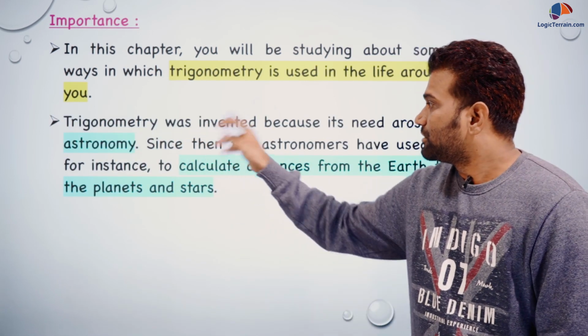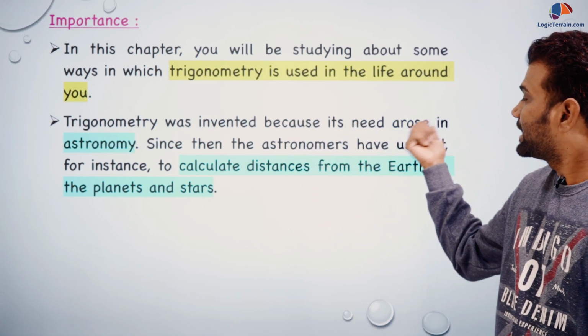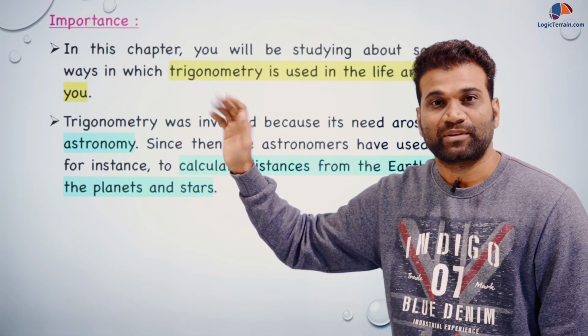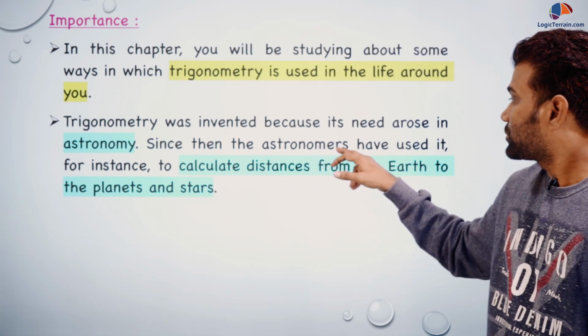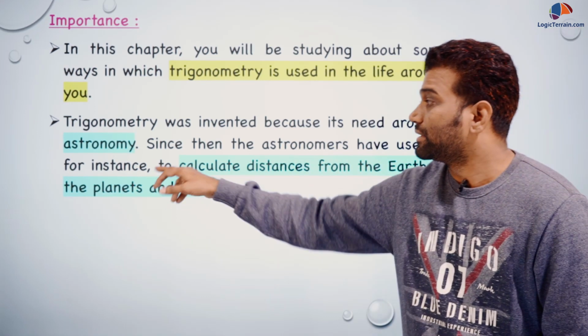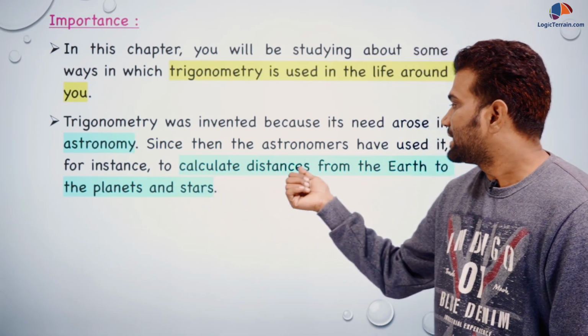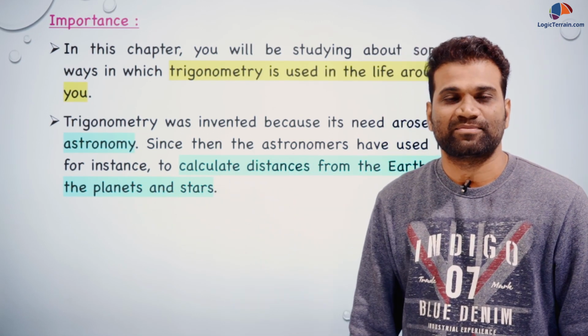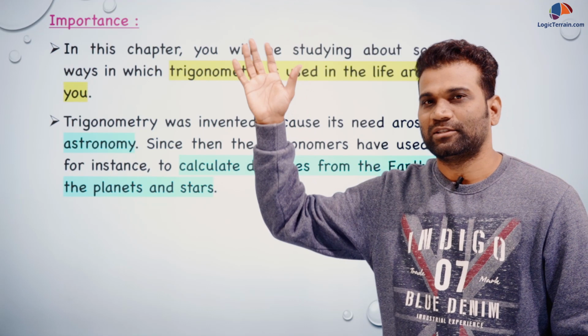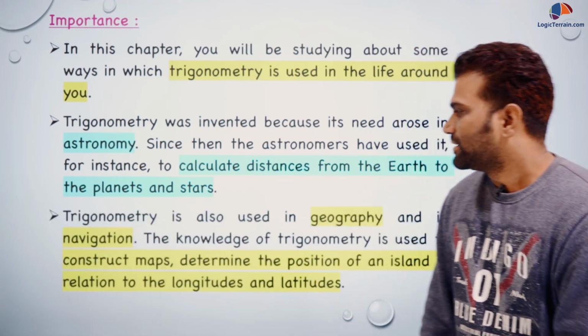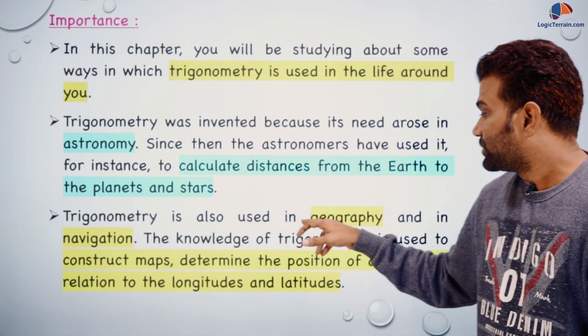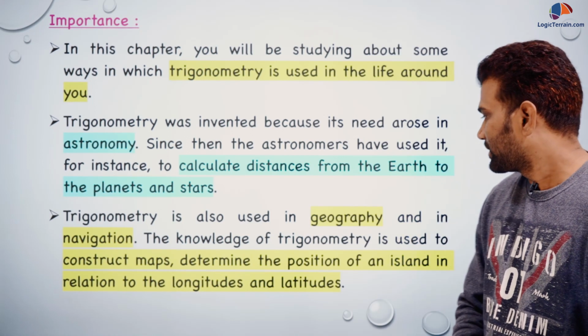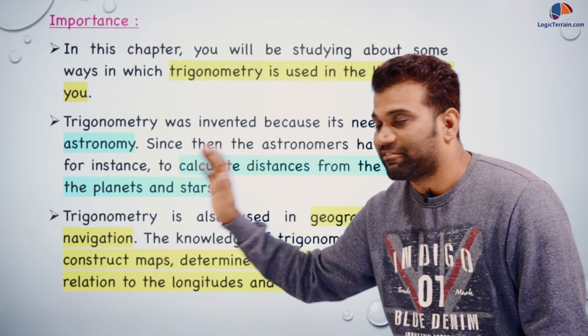Trigonometry was invented because its need arose in astronomy. Since then, astronomers have used it, for instance, to calculate distances from the earth to the planets and stars. This is the broader use. Trigonometry is also used in geography and in navigation.